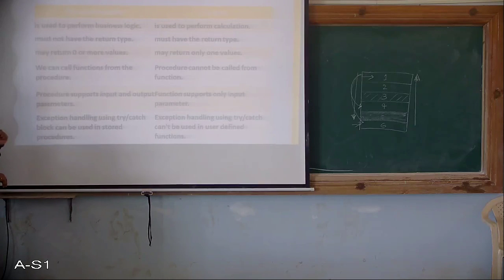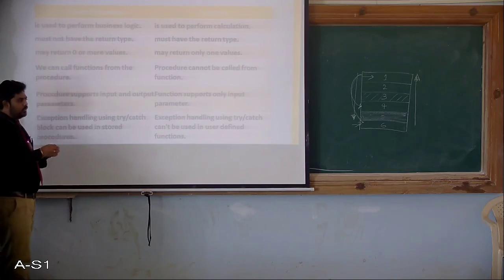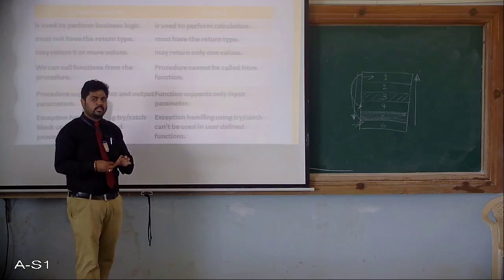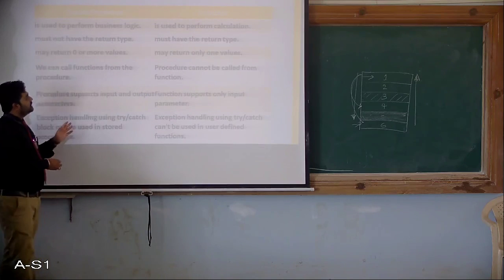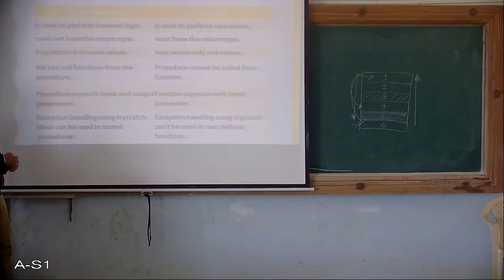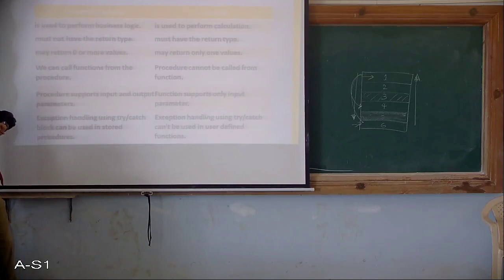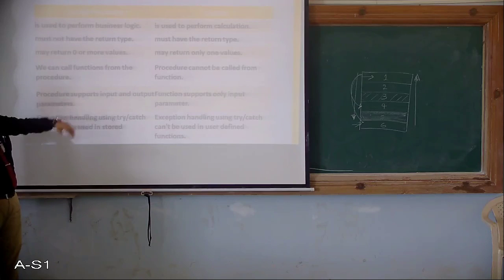We will go through in the next session how exactly your stored procedure will be stored and how you are going to call it using the callable statement. Then the function must have a return type; it is not required in case of a stored procedure. A procedure may return zero or more values, whereas a function will return only one value. And we can call the function from the procedure. The procedure cannot be called using the functions.